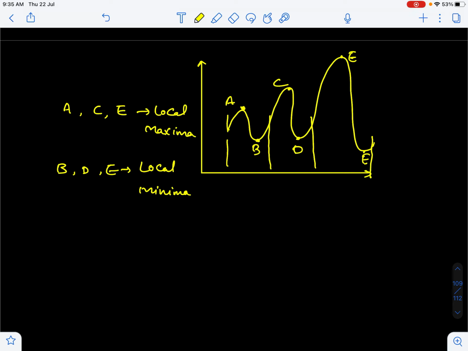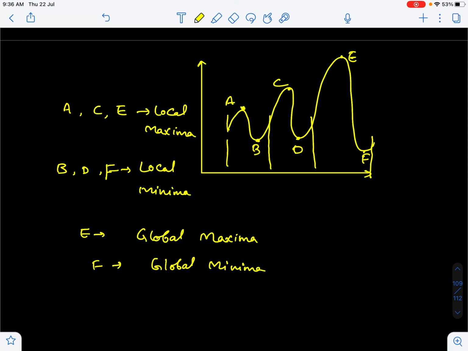In the entire curve, if I find the global maximum, E is the point of global maximum. Global means overall maximum, this one. And if I want to calculate the minimum, this is F. B, D and F are local minima, and F is the global minima in this interval.